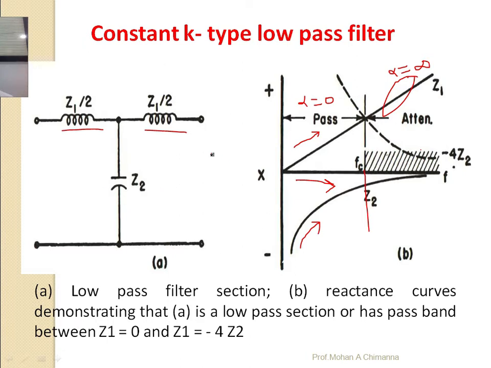In the case of the low pass filter section, the reactance curve demonstrates that the low pass section has a pass band between Z1 equal to 0 and Z1 equal to minus 4 Z2.